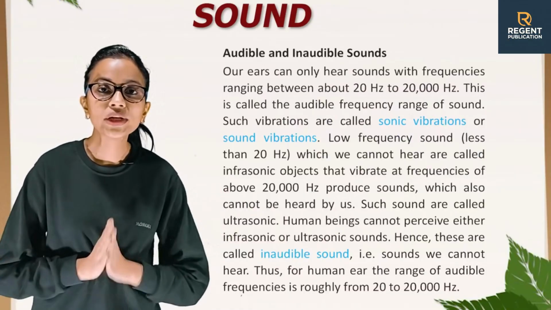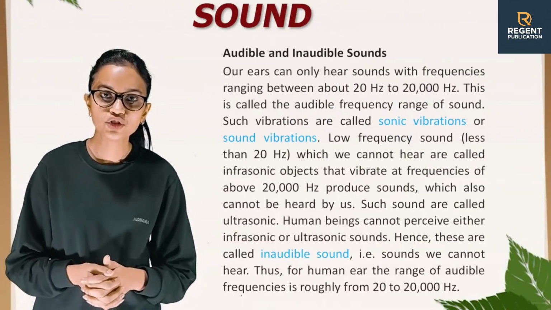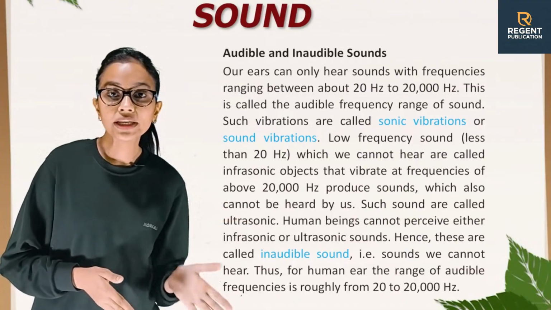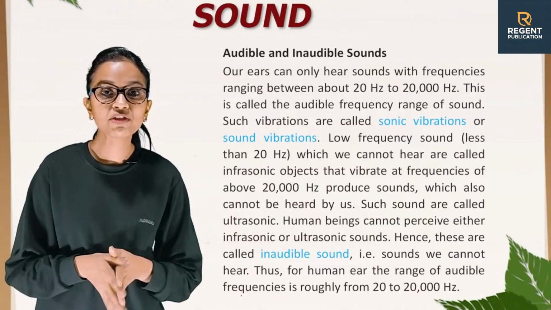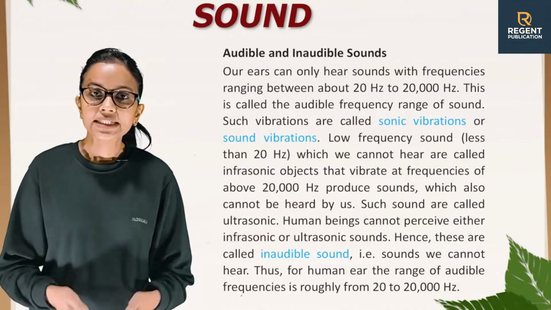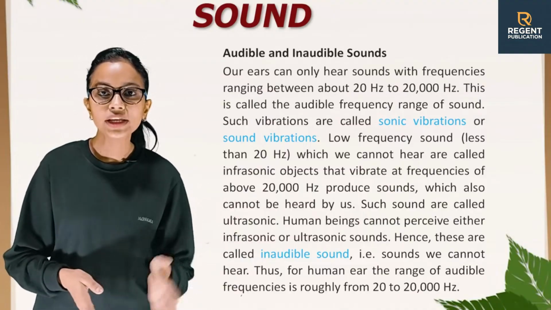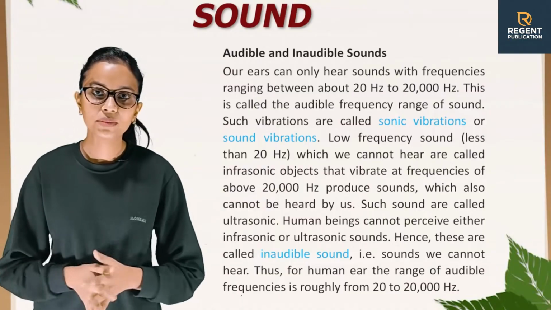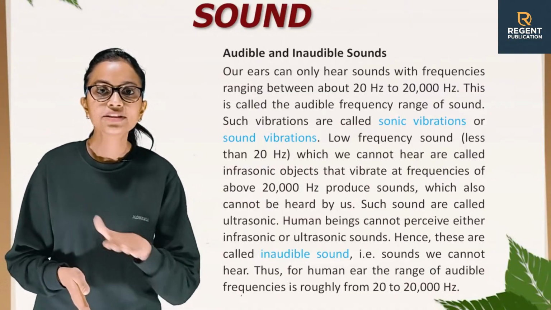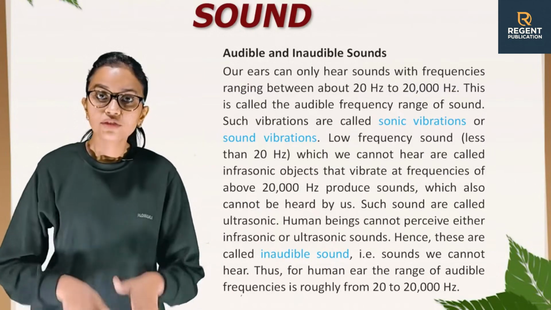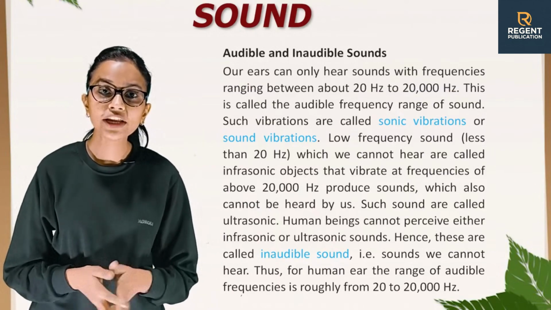Our ears can only hear sounds with frequency ranging between about 20 Hz to 20,000 Hz. This is called the audible frequency range of sound. Such vibrations are called sonic vibrations or sound vibrations. Low frequency sounds less than 20 Hz, which we cannot hear, are called infrasonic.